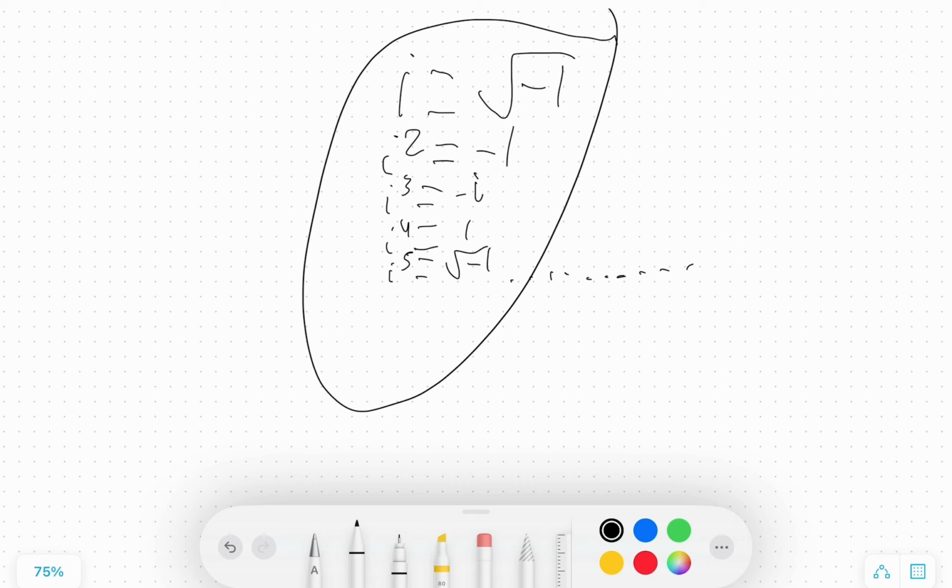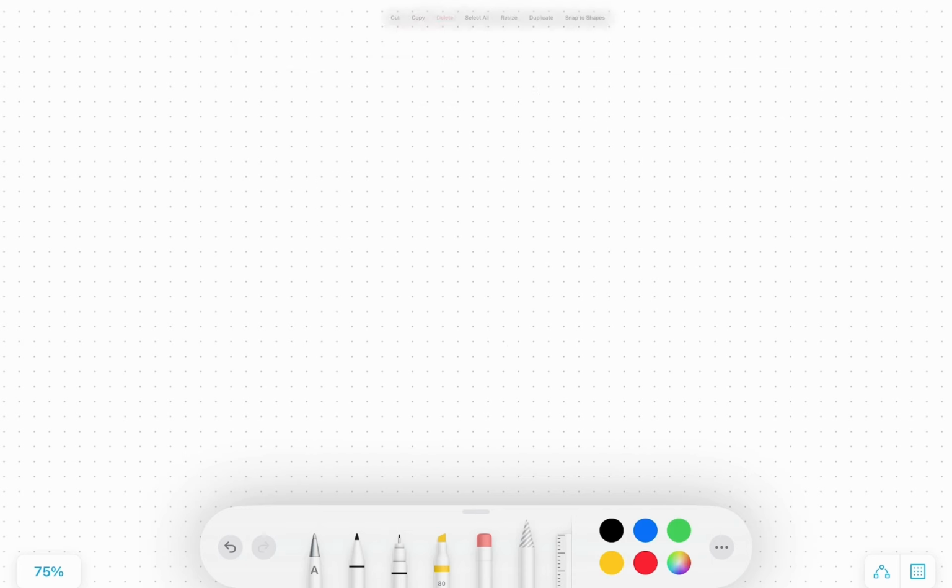So let's look at some examples here. Let's just mess around with imaginary numbers, because there's a lot of stuff with imaginary numbers. So let's do 3i plus 2i.